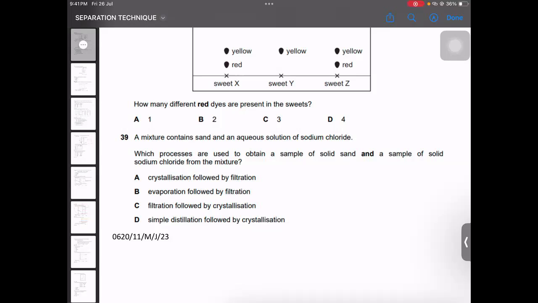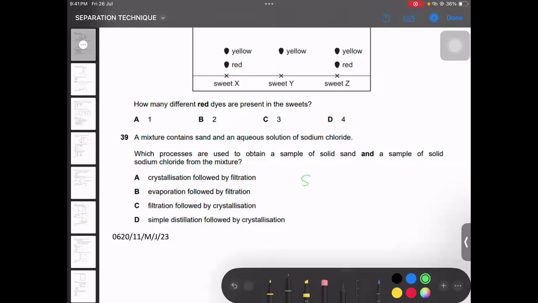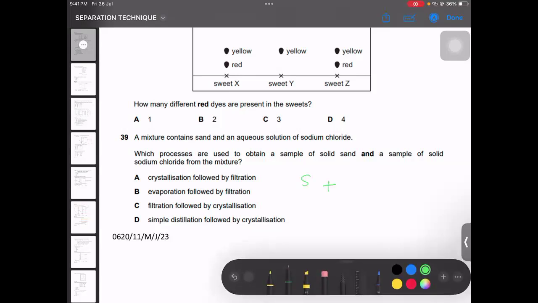Means that you have a solid and sodium chloride that is soluble. This is soluble and this is insoluble. So first of all, you will do filtration to separate the insoluble particle from the soluble particle. Then you would have sodium chloride, and then you can evaporate the water to get the solid sodium chloride.